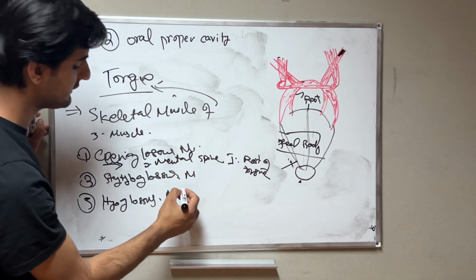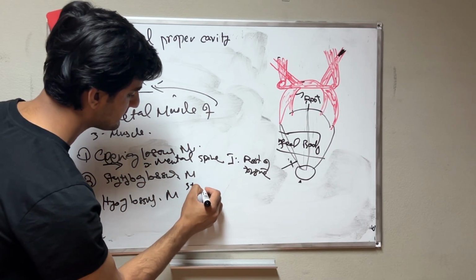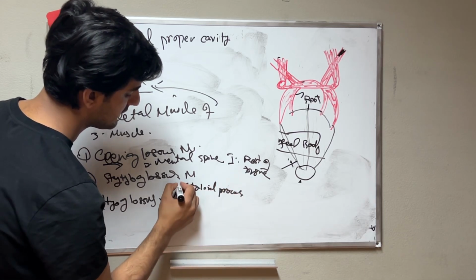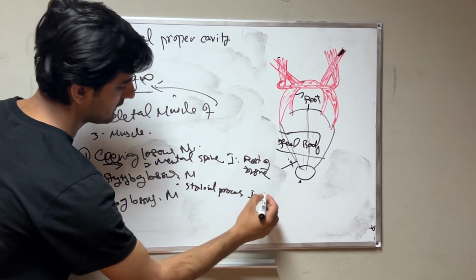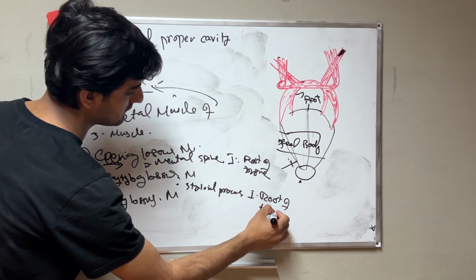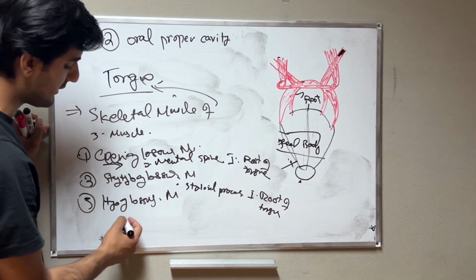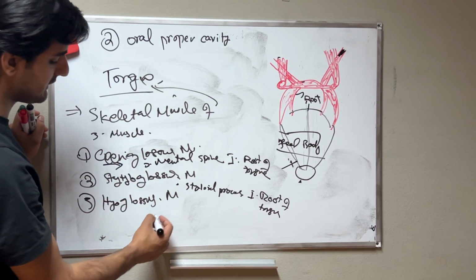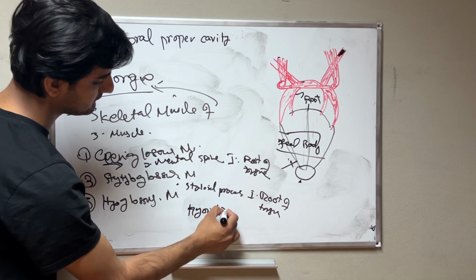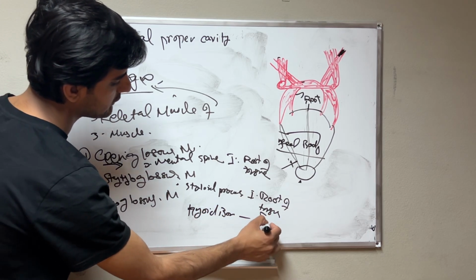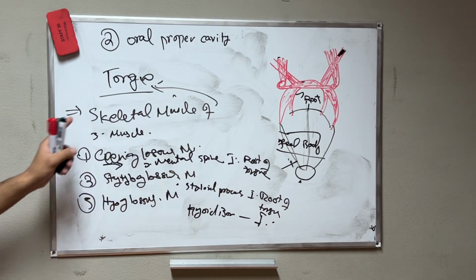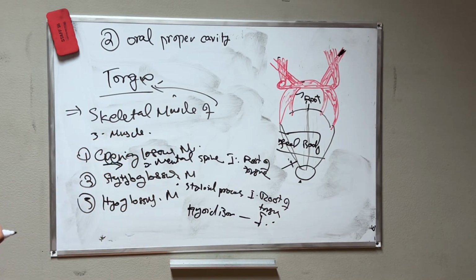The styloglossus is from the styloid process and inserts in the root of the tongue. The hyoglossus is from the hyoid bone and inserts in the root of the tongue. These are the origins and insertions, very simple.